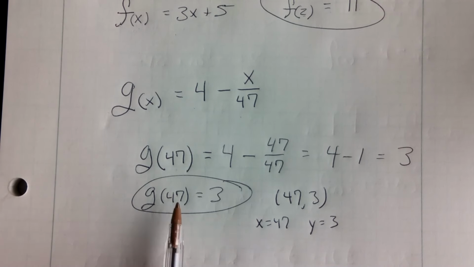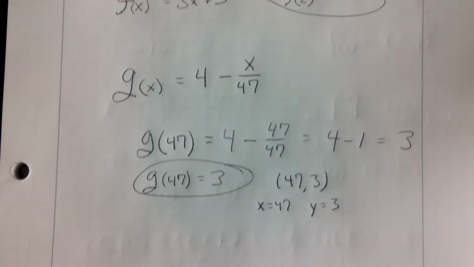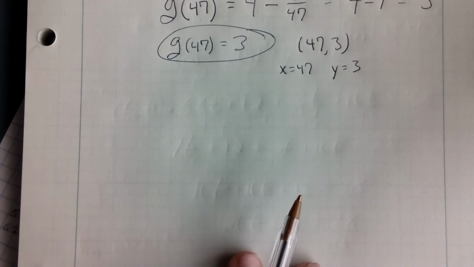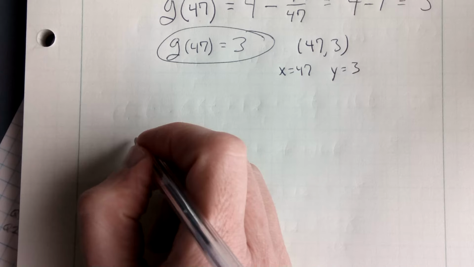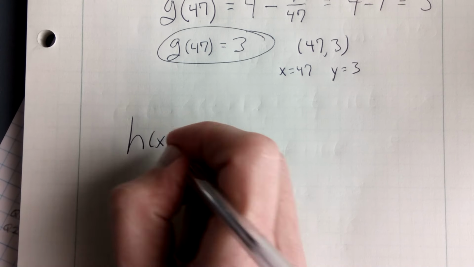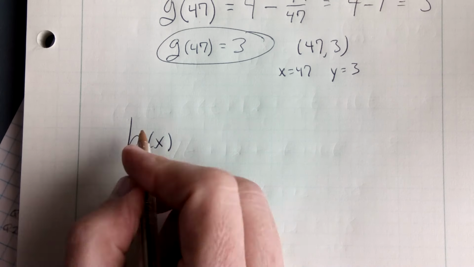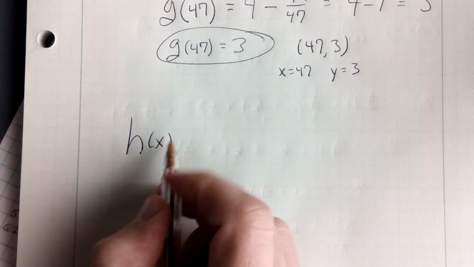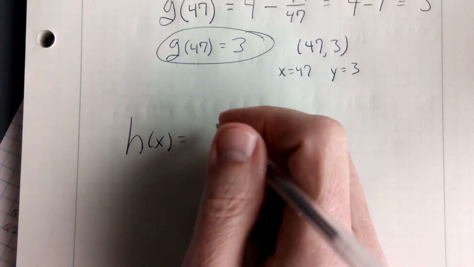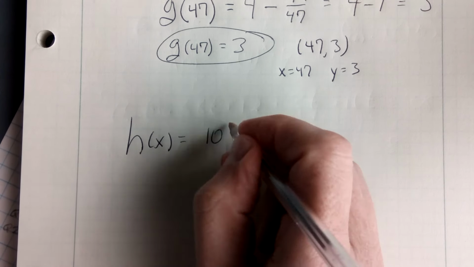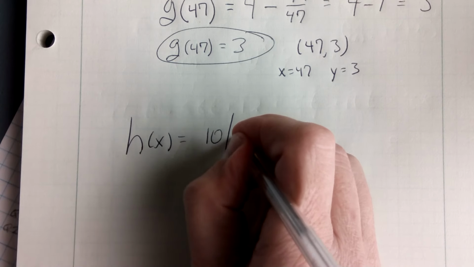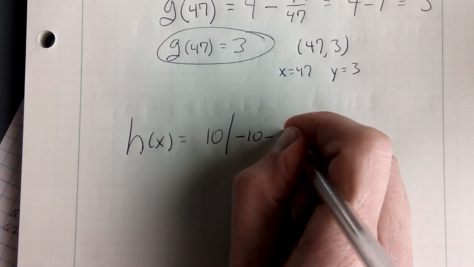So don't let the function notation confuse you. Here's another one they might give you: h of x equals 10 times the absolute value of negative 10 minus x.